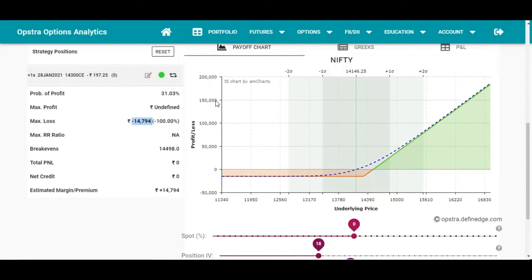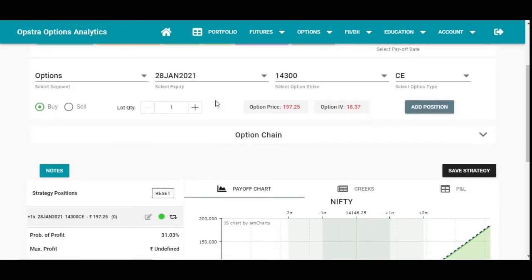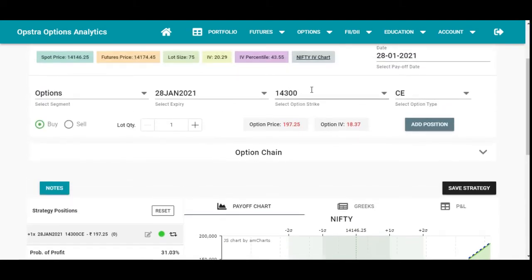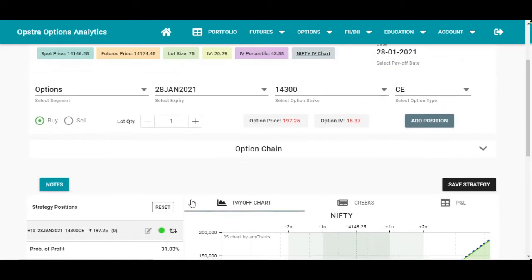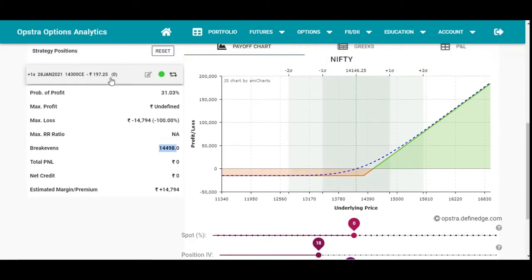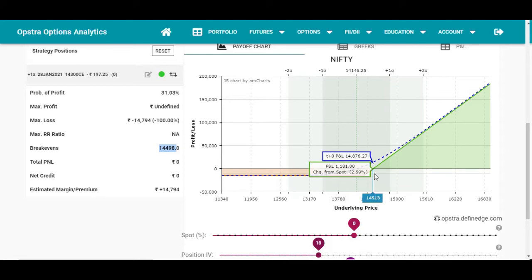The trader's view is bullish, thinking that it will move above 14,300, and he buys the call option, but the trade will be in profit only if it moves above 14,498. That is because he already spent around 200 rupees, so from that level it should move 200 points on the higher side as well.